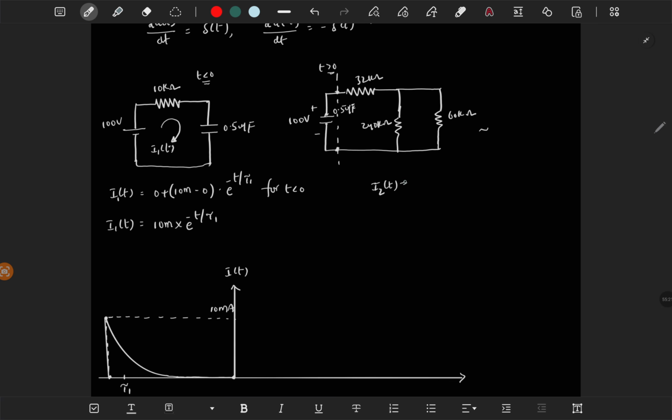So I2 of t, I'm saying it as I2 of t. What is the final value? Again it is 0, right? For this one, final value is 0 because it is completely discharging, so there is no current flow further. And what is the initial value? If you write at t is equal to 0 plus, then you will get this circuit. We will replace that capacitor with initial voltage, which is 100 volt, and there is some resistor.